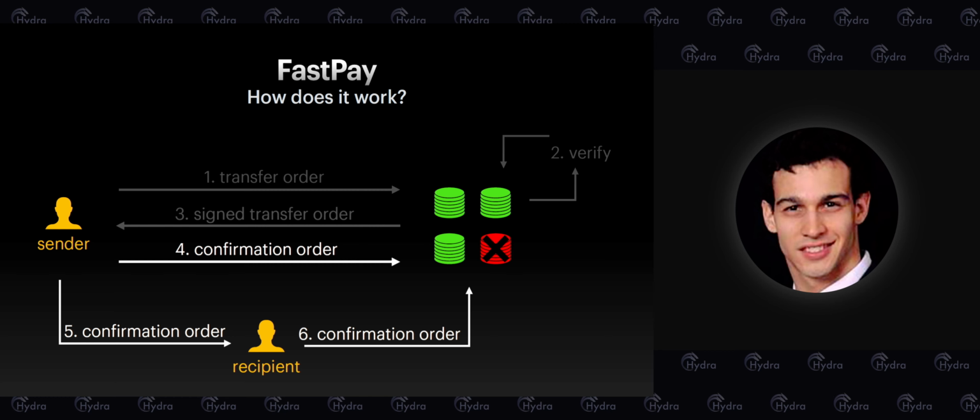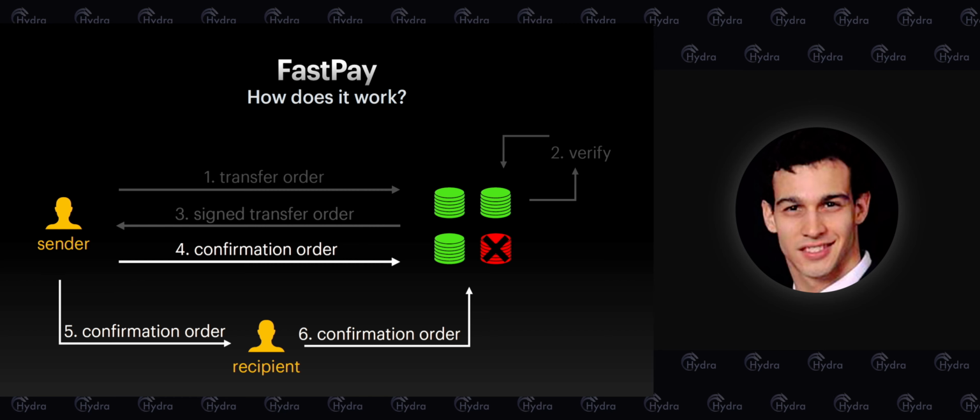And now the sender can do multiple things. Either it broadcasts the confirmation order back to all nodes, or it can simply show that confirmation order to the recipient, and the recipient will be convinced that now it can take that confirmation order, broadcast it to the nodes, and the payment will be finalized. There is nothing possible now in order to reverse such a payment. It can either be completed or hang there until anyone, the sender, the recipient, or anyone else, decides to broadcast that confirmation order.